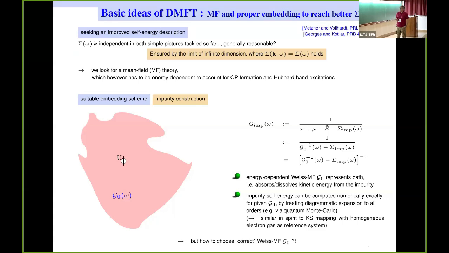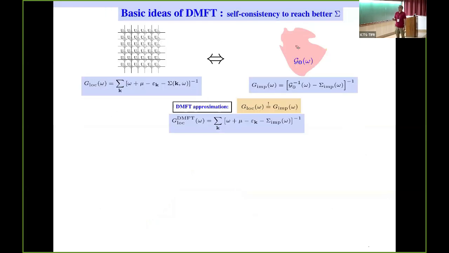So that's fine. But of course, since we use this as a helping construction to find the good self-energy for the lattice, it is not yet sufficient because you wonder, okay, when I want to use this, what is the correct Weiss mean field function for my lattice problem to get a good sigma to use then in the lattice problem? That is still not given by this idea. So you need another step to reach that kind of information. And that's the second or third step in the dynamical mean field theory.